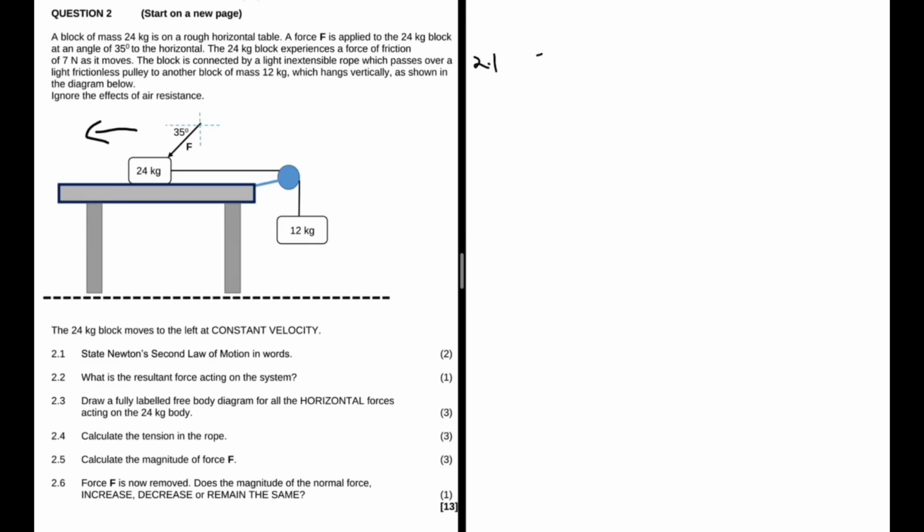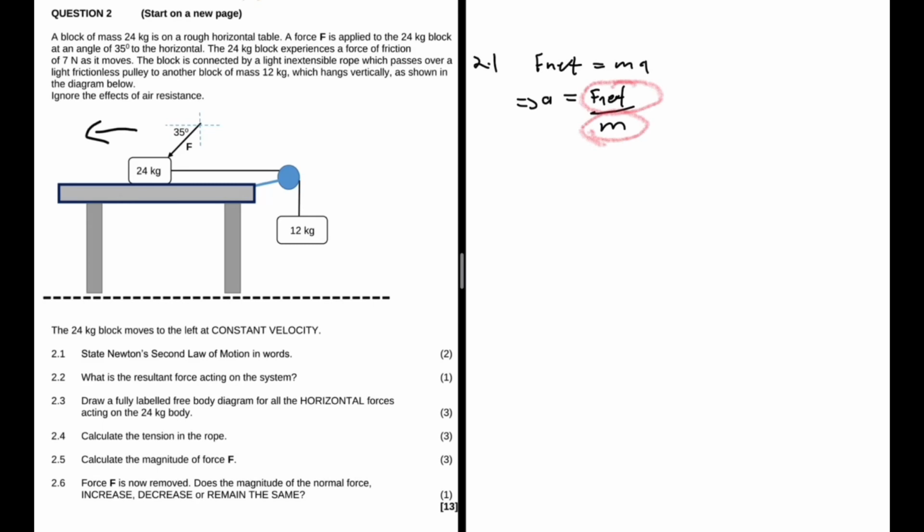Now 2.1 says state Newton's second law of motion. We know that F net is equal to ma, and if we make a the subject of the formula, we get a equals F net divided by m. So if you apply a net force on an object, the object will accelerate in the direction of the net force, with an acceleration that is directly proportional to the applied force and inversely proportional to the mass of the object.